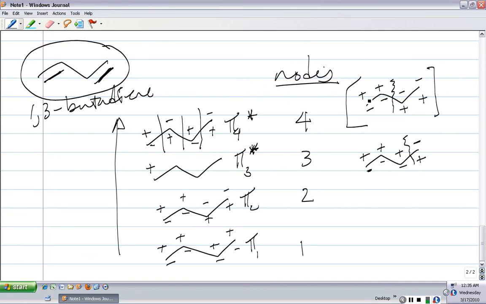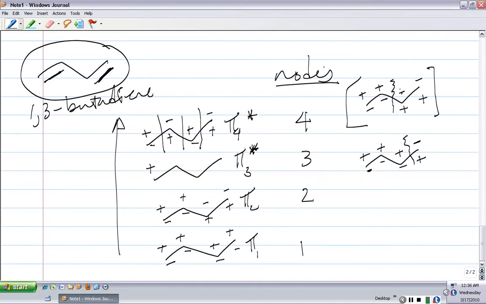So this is in phase with that, so they bond. This is in phase with that, so they bond. Now, these two don't bond, so there's no through bonding, but I have this involved in a bond, that in a bond, this in a bond, that in a bond. All four involved in bonding.